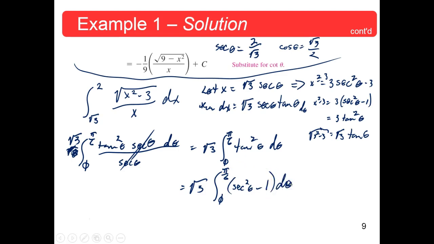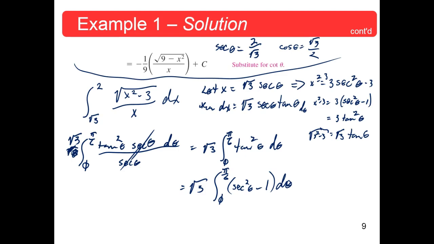Remember when we did that? That's what tangent squared is, right? So I know how to do the integral of secant squared. What would that be? Antiderivative of secant squared is tangent theta. And then you just have a minus 1.